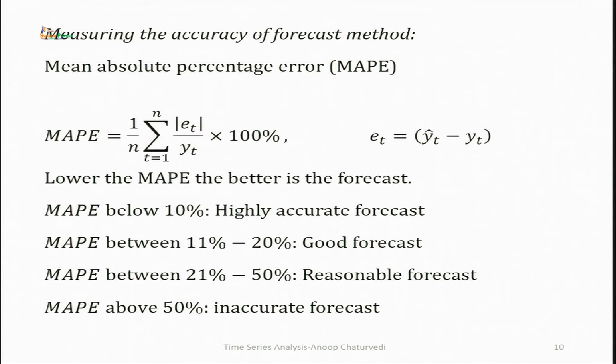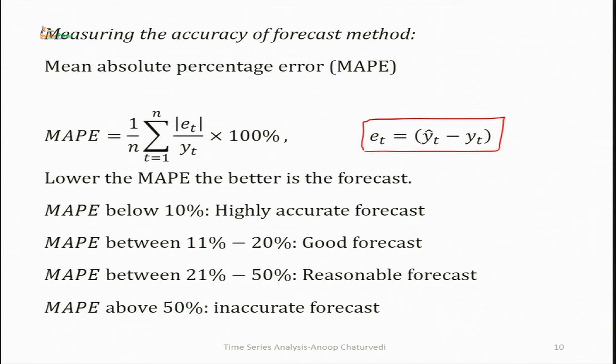Now, forecast error is E t equal to y hat t minus y t. So, we take the absolute value of E t divided by y t and multiply it by 100.